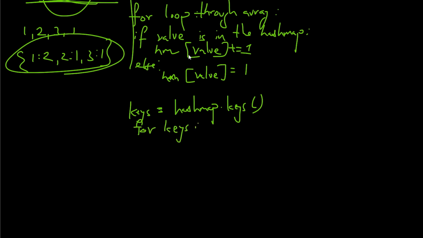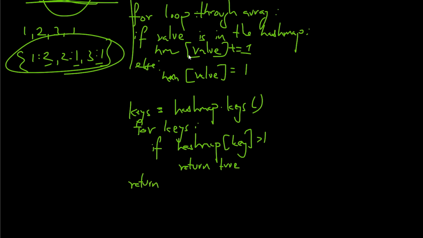If any value for a particular key is greater than 1, I'm going to return true. We will take an example, don't worry. If hashmap key is greater than 1, return true, which indicates duplicate. Else the base condition is return false.